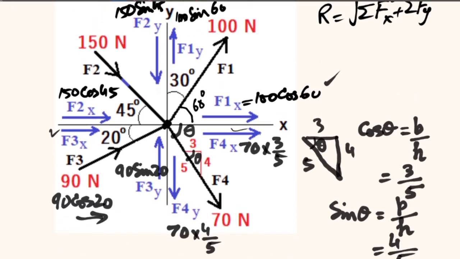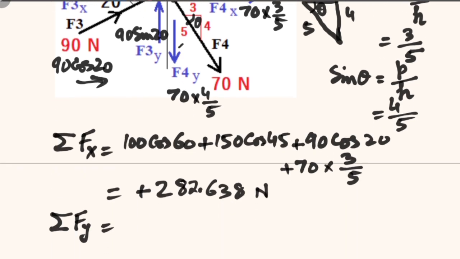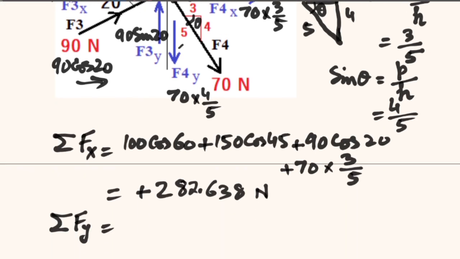F1y is pointing upward, so it will be with plus sign. F2y is pointing downward, so it will be with minus sign. Then F3y is also pointing upward, it will be with plus sign. F4y is pointing in the downward direction, so it will be with minus sign. So we put here all these with the proper signs.